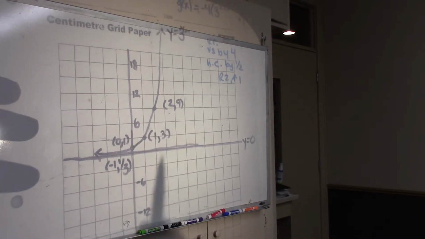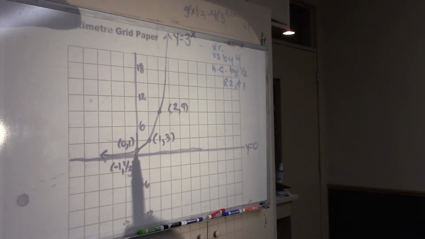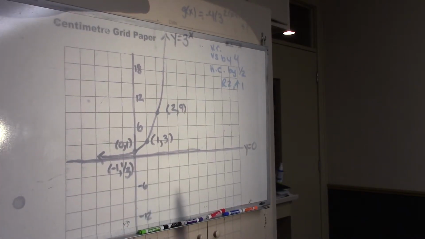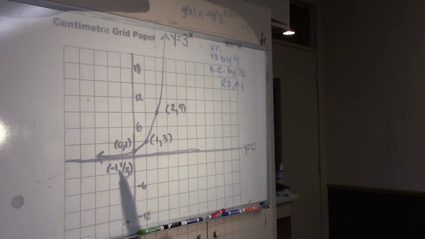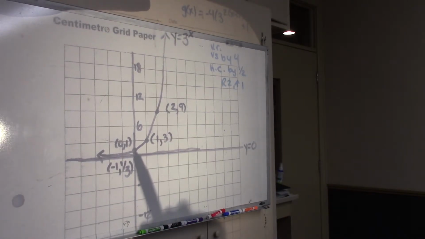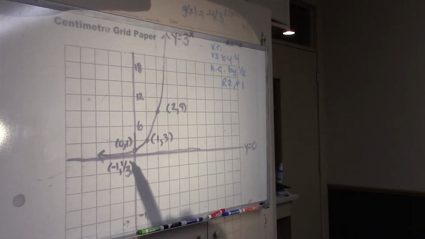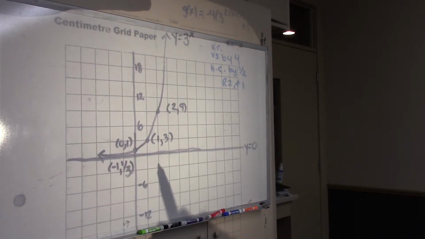I'm actually going to transform 0, 1 first. So 0, 1 gets reflected down to -1, stretched by 4, so that's -4. Compressed by 1/2, that doesn't change. And then I go right 2, up 1.